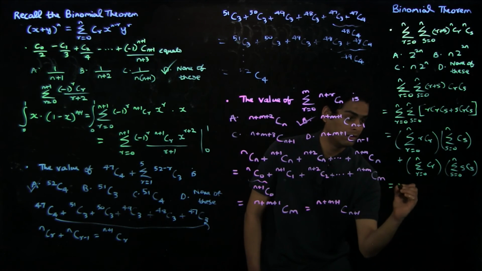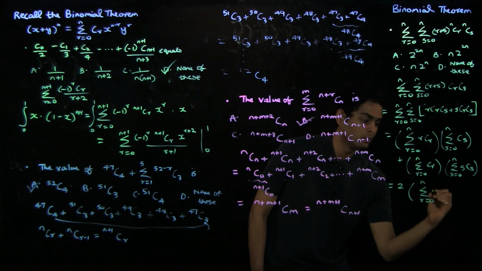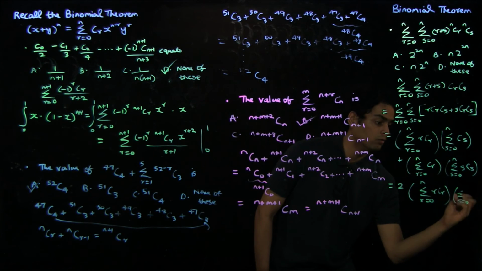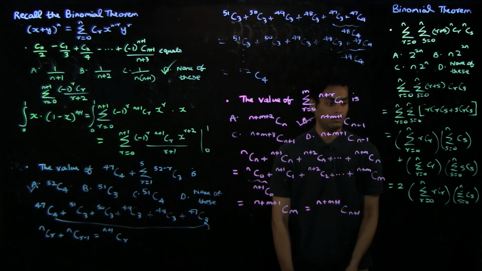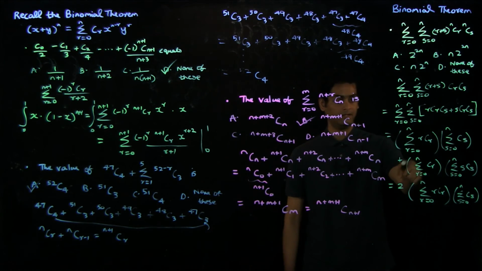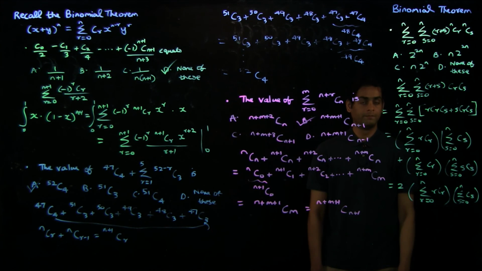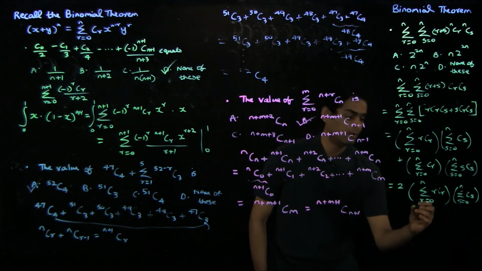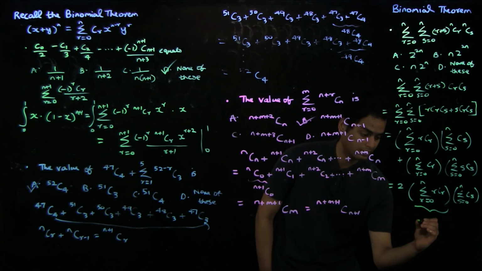So this is nothing but 2 times summation r equal to 0 to n r nCr times summation s equal to 0 to n nCs. So I've just noticed that these two terms evaluate to the same value. I've just replaced this whole expression by 2 times the first term. So in our previous lectures, we've derived that summation r nCr, r equal to 0 to n, is n times 2 power n minus 1.